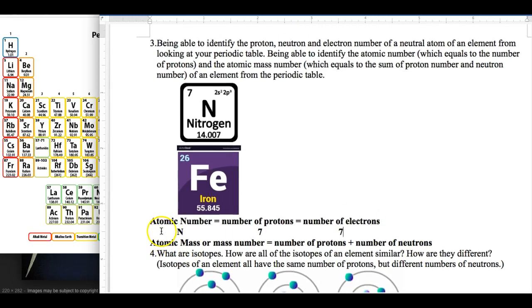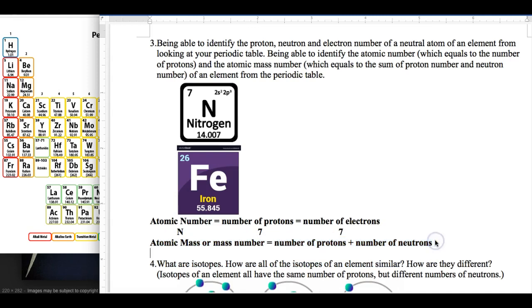And then, if you want to find out what the number of neutrons is supposed to be, you use the equation atomic mass equals the number of protons plus the number of neutrons. Or you can also write it as number of neutrons equals atomic mass minus number of protons.